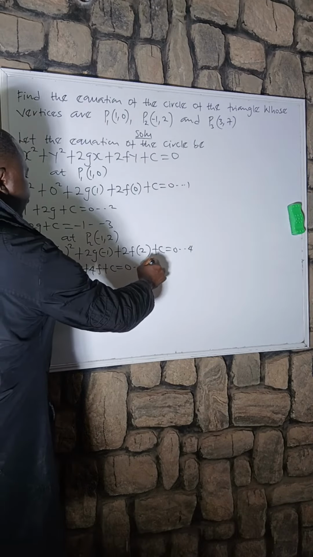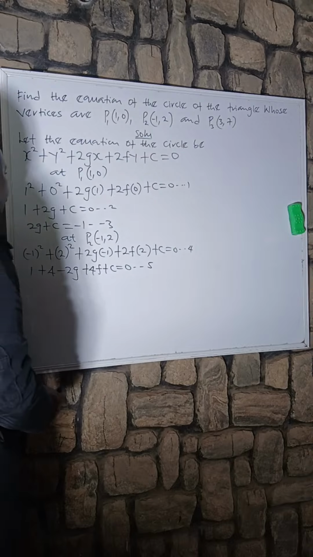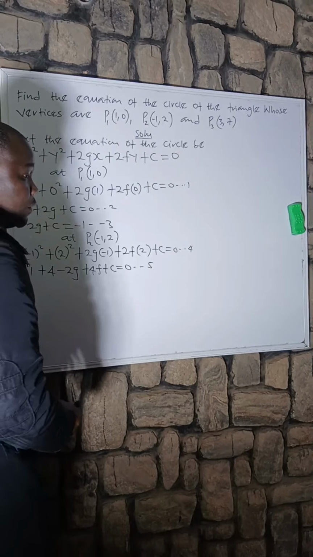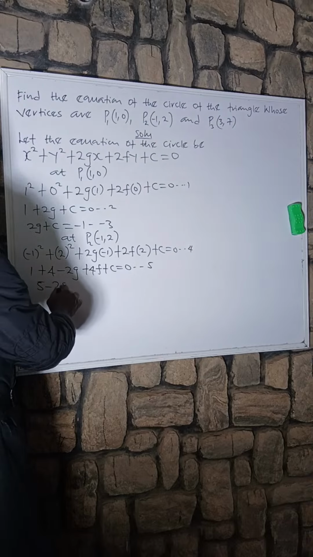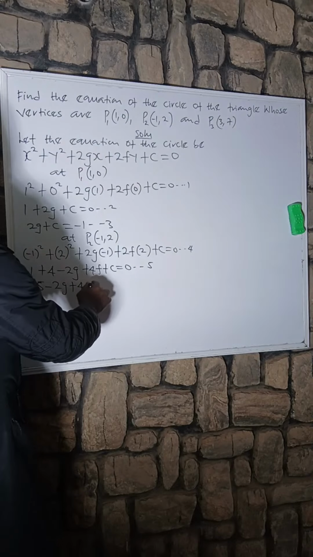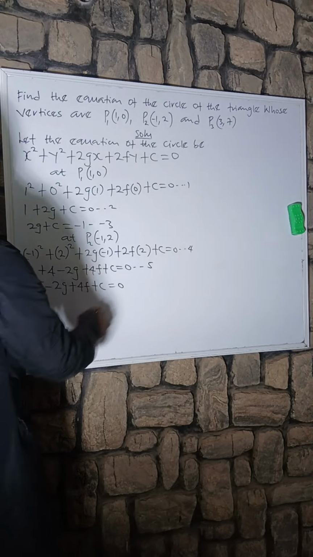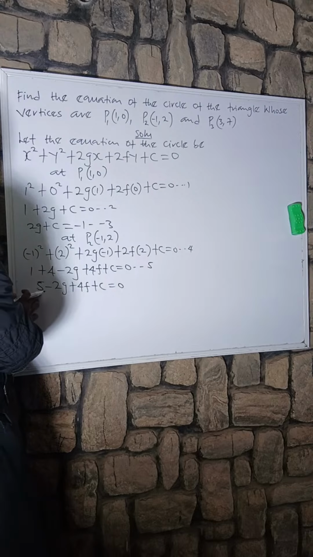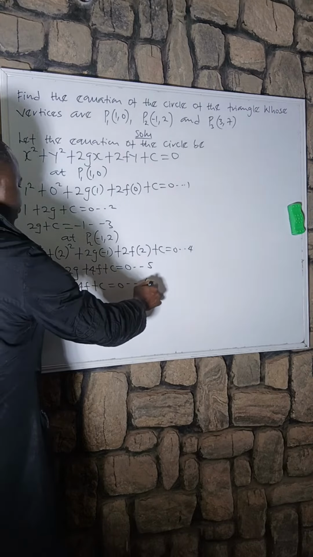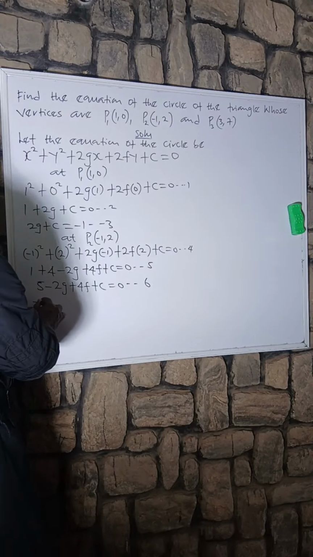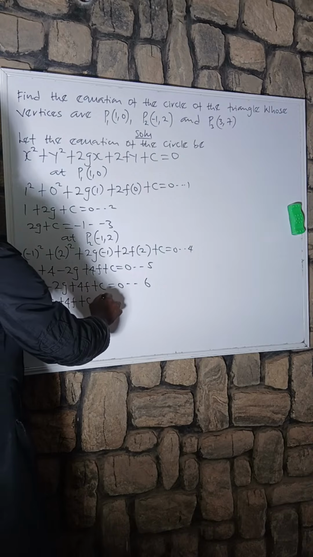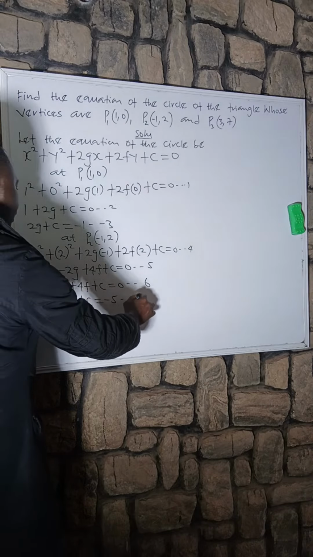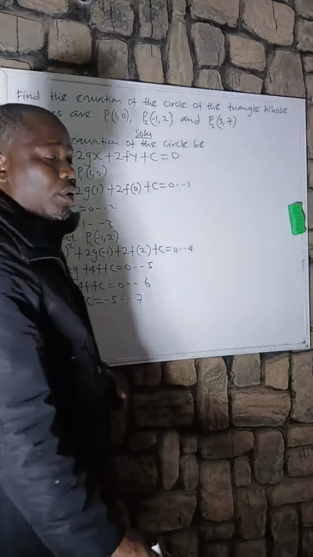This is equation 5. True or false? So we can have this to give us 5 minus 2g plus 4f plus c equals to 0. So by the time this 5 crosses the sign of equality, this is equation 6. We are going to have 2g plus 4f plus c equals to minus 5. This is equation 7. Do you agree with me?